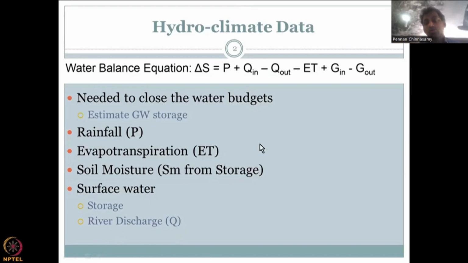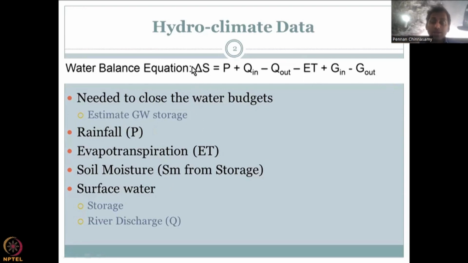We also would take the negative part in the equation coming from your ET because it is a loss. So evapotranspiration is taken as a loss, and you have G in, G out. So groundwater in, groundwater out.